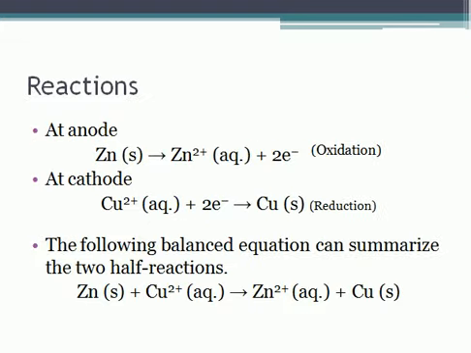So now we have the overall reactions. At the anode, zinc loses its electrons and oxidation takes place, and at the cathode copper accepts electrons and reduction takes place. The net or balanced reaction can be written like this: zinc solid plus Cu2+ ion gives Zn2+ ion plus copper solid.